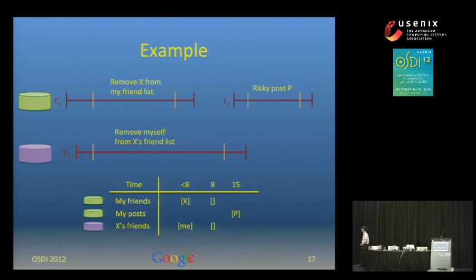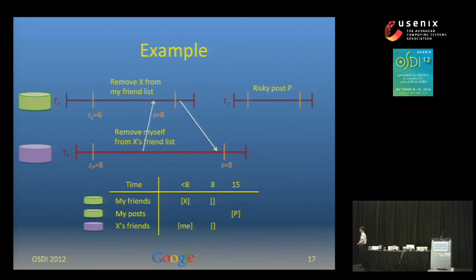Let me run briefly through the example of how this actually works with the data representation I described earlier. So let's suppose we have 2 transactions, one where we remove X from my friend list and myself from X's friend list. Well, let's say the 2 participants choose 6 and 8 for their timestamps. 8 gets chosen as the overall timestamp for the transaction, and then 8 gets propagated to the participant.